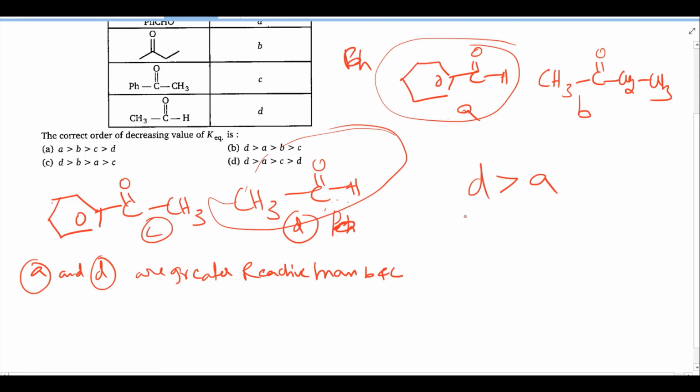Because of aldehydes. Then out of these two, normal acetaldehyde is more reactive than benzaldehyde. The reason is more steric hindrance in benzaldehyde. So D is greater than A.